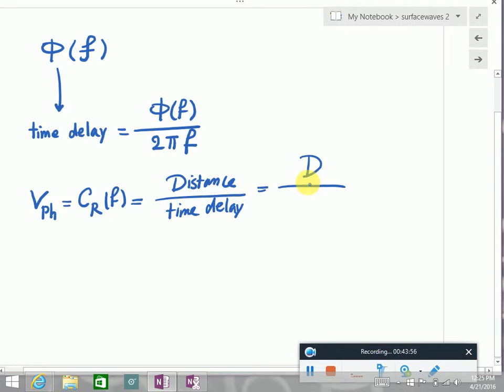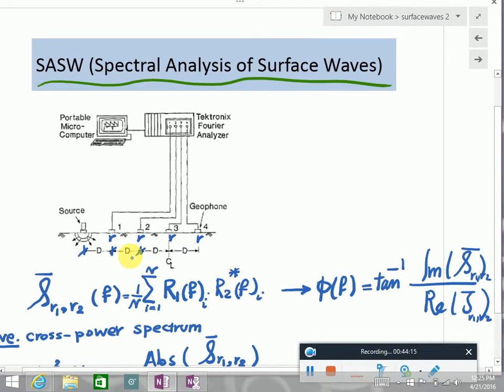So it would be d over what we have. This distance is the distance between two receivers, this d here.